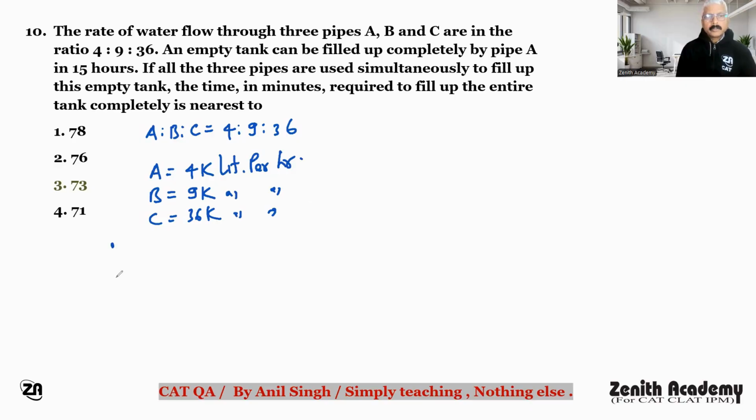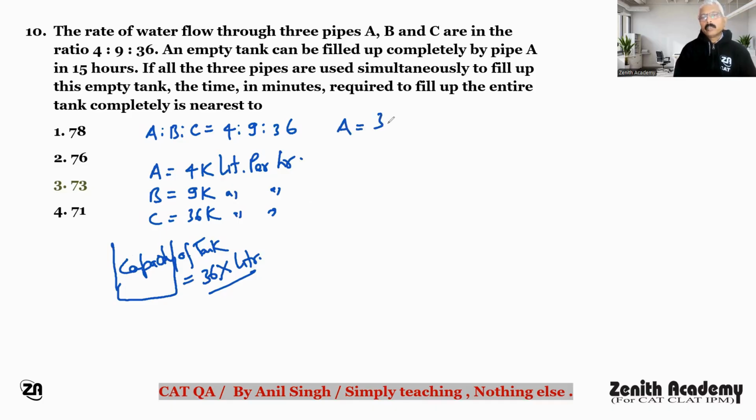Okay, let us take the capacity of the tank to be 36x liter. So through pipe A, the tank will be filled in 36x by 4K hours.